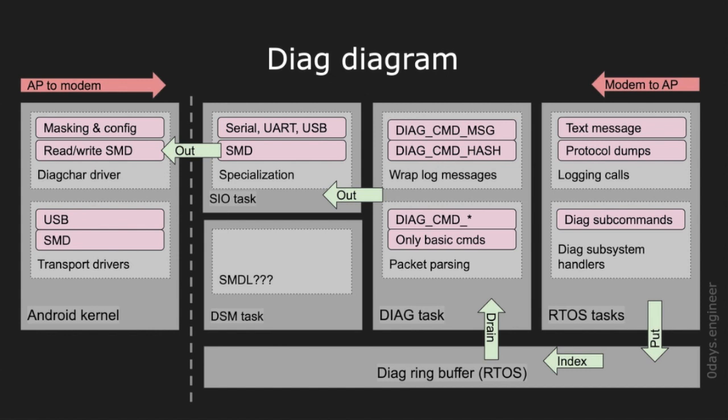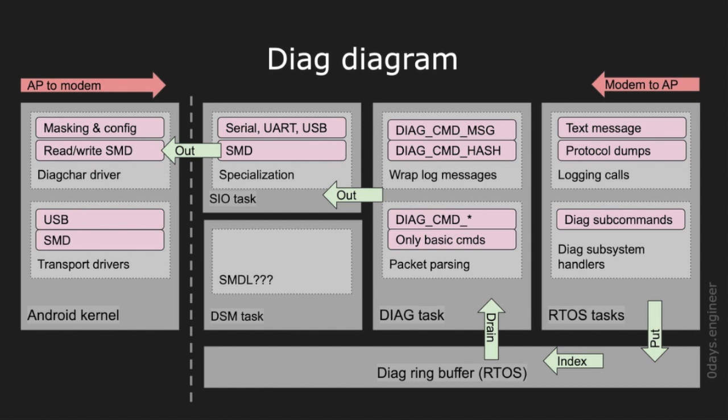The exchange of data between the Diag task and other tasks is done through the ring buffer. So, for example, if some task needs to log something through the Diag, it will use specialized logging APIs that will in turn put the logging data into the ring buffer.